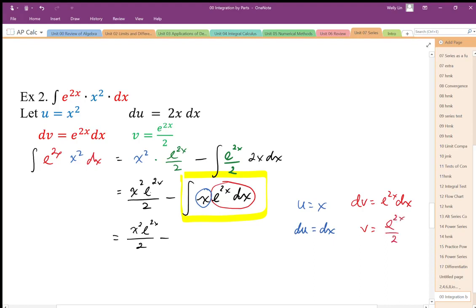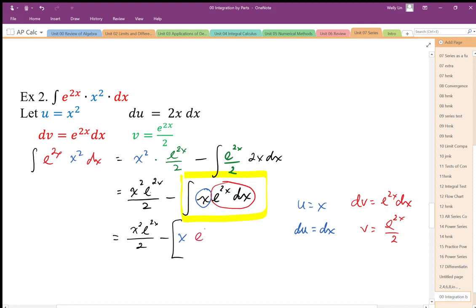Again, I can now plug it into my formula. I've got my uv, so my u times v as part of my formula, just like I had it here. But I'm going to put this in brackets, because that part is a new integral which I'm reapplying integration by parts to.